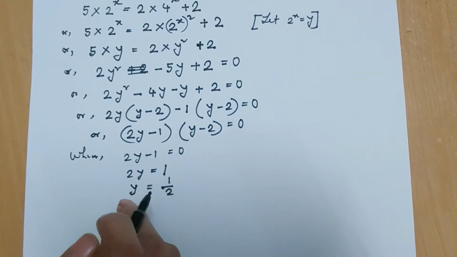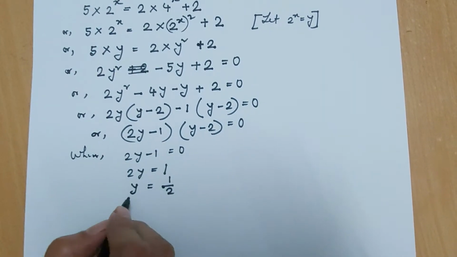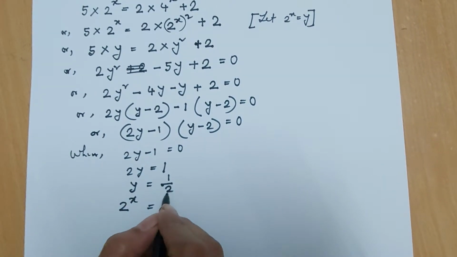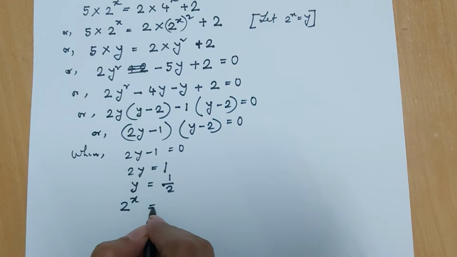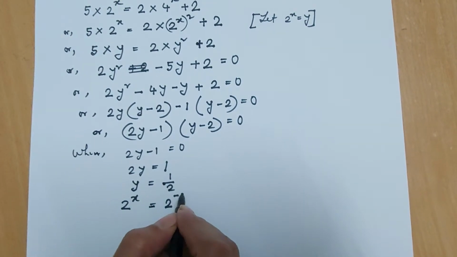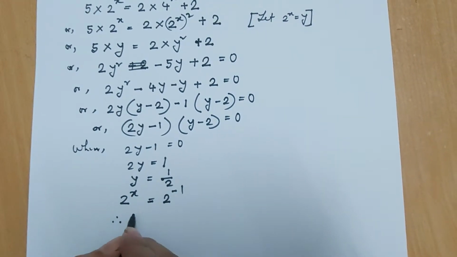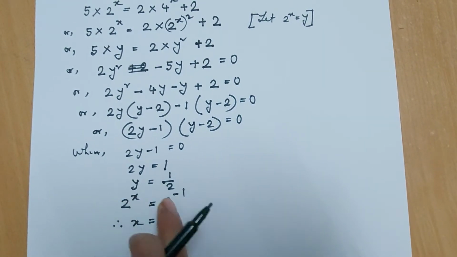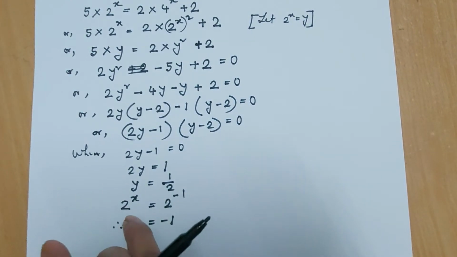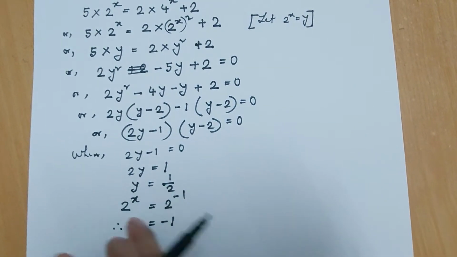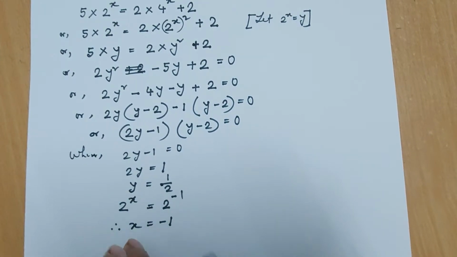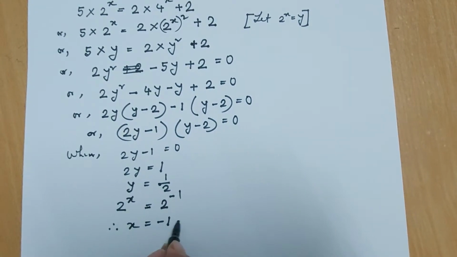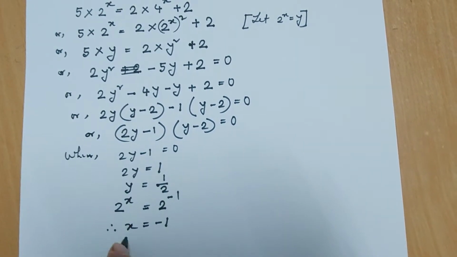We know y equal to 2 power x, then 2 power x equal to half, that means 2 power negative 1, so x equal to negative 1. Because the bases are same on both sides of the equation, in this stage we can ignore the base and make the equation with the exponent, that is x equal to minus 1.